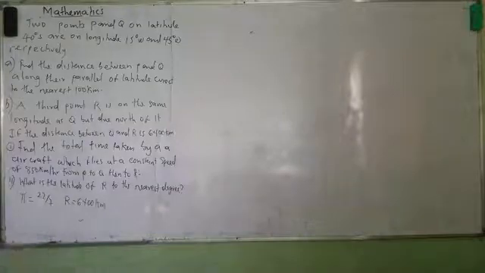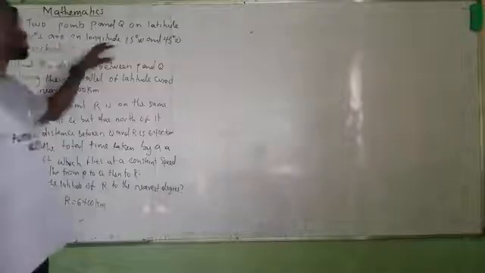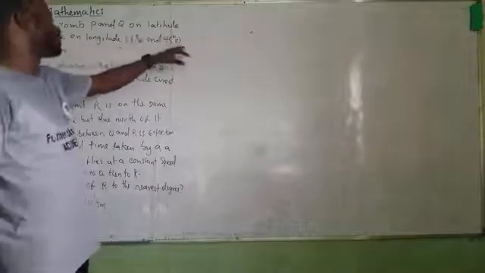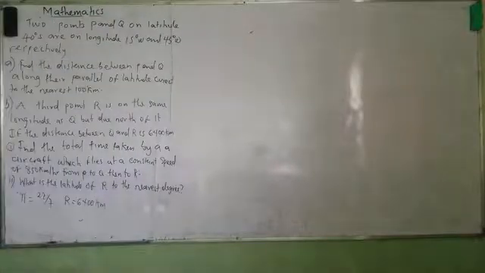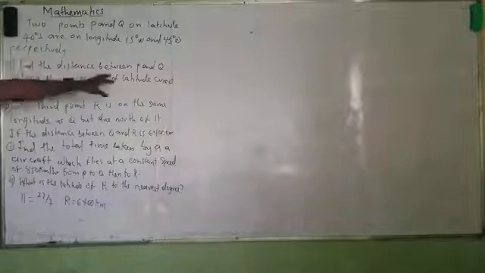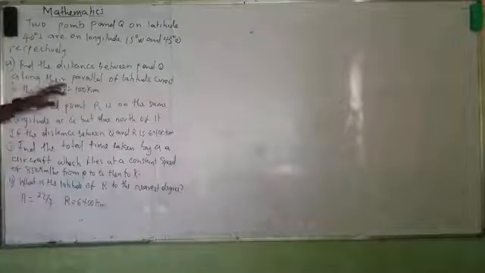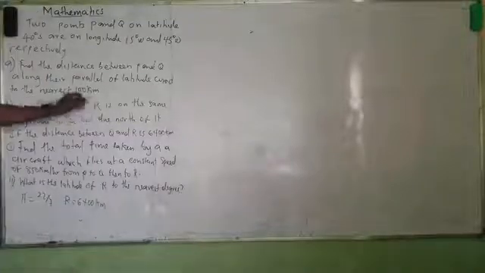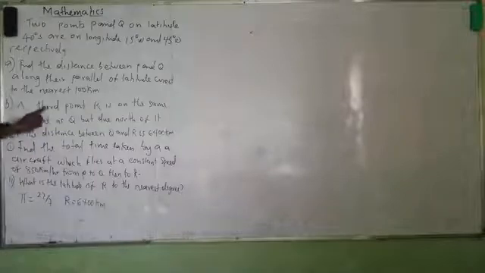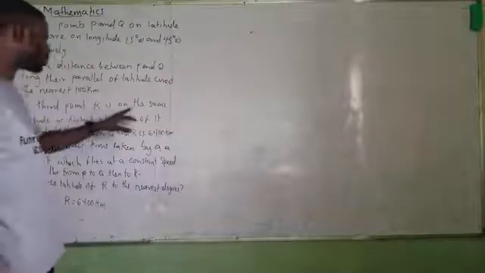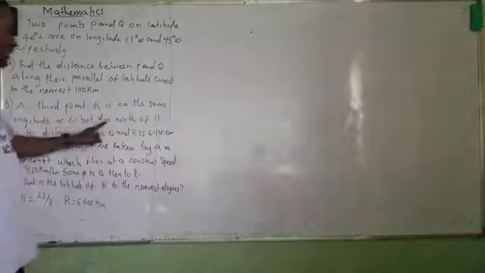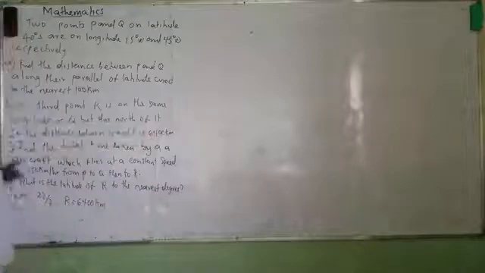Two points P and Q on latitude 40 degrees south and on longitude 15 degrees west and 45 degrees west, respectively. Find the distance between P and Q along their parallel of latitude, correct to the nearest 1,000 kilometers. B, a third point R is on the same longitude as P, but due north of it.